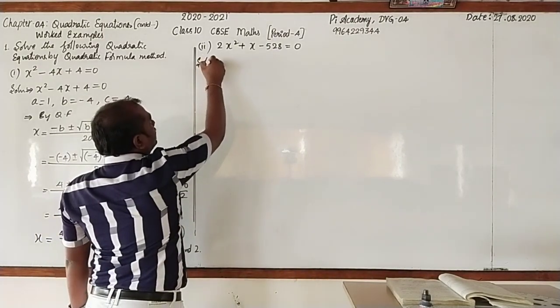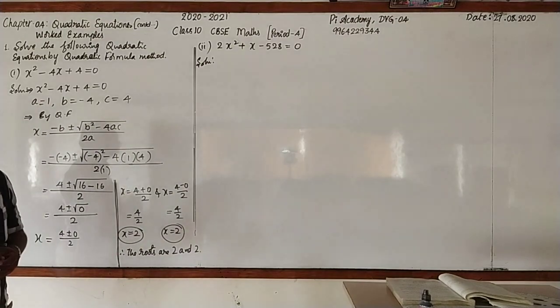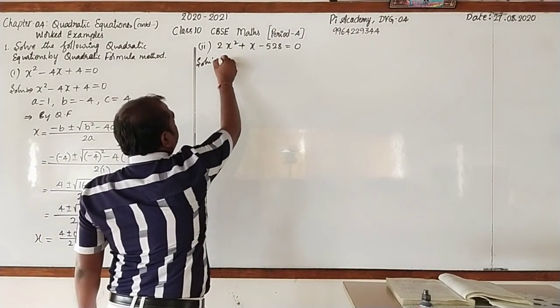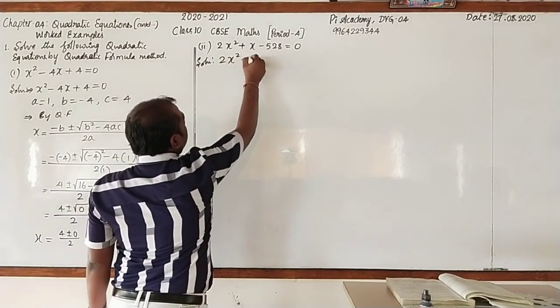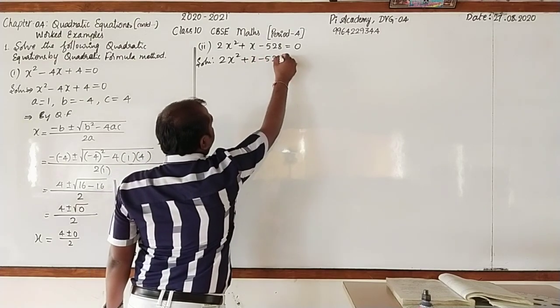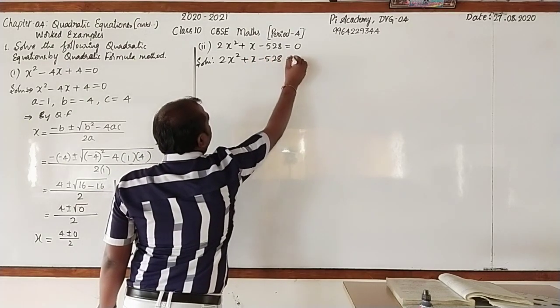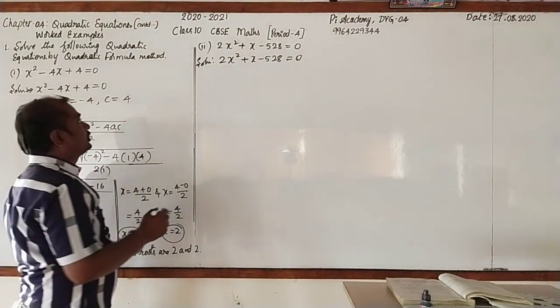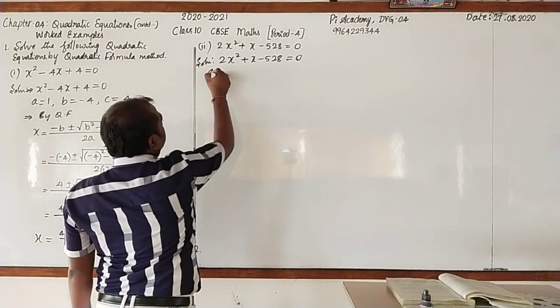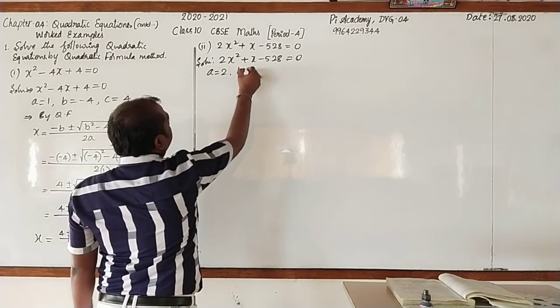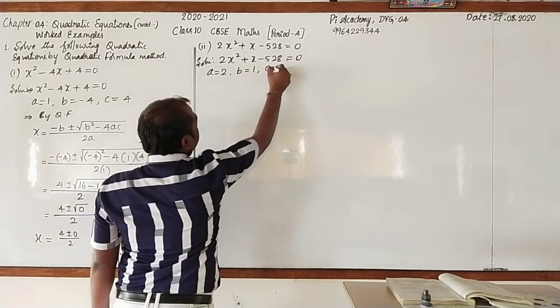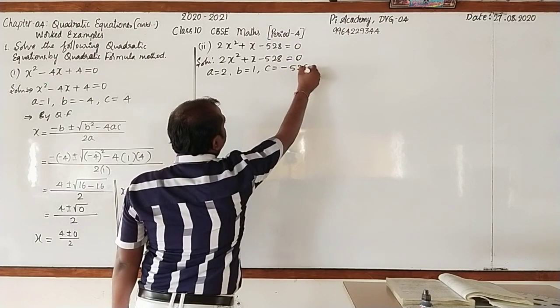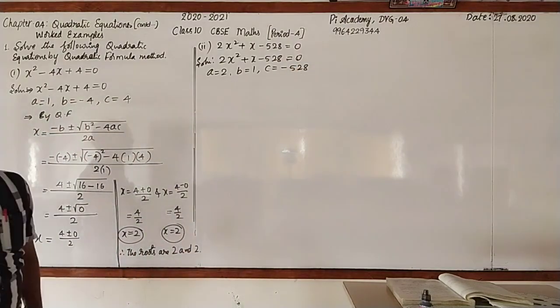Here, again, we should write the given equation in standard form. It's already in 2x square plus x minus 528 equal to 0. The next step, we should write the coefficients. The coefficients are a equal to 2, b equal to 1, c equal to constant, that is minus 528.